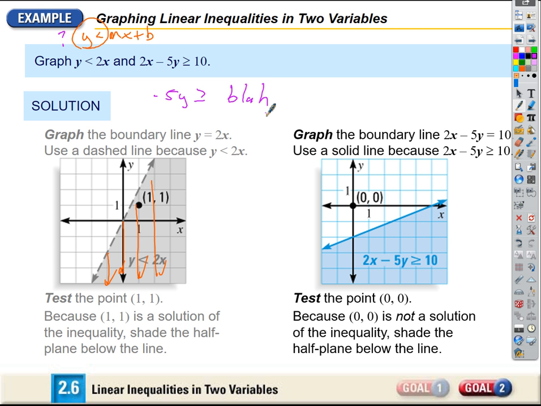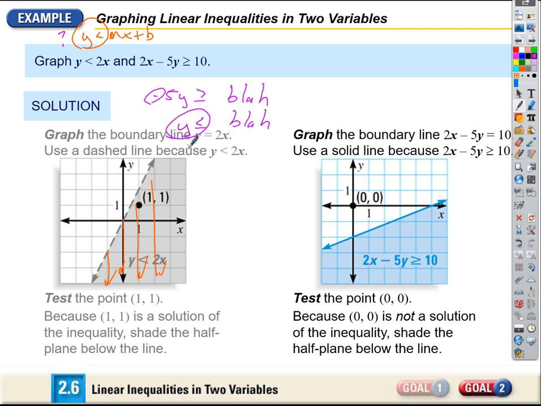We don't even care, right? I divide both sides by negative 5, and what's that give me? Y is less than or equal to, because I'm dividing by a negative, blah. Don't care. All I care about is that part, right? I end up with y is less than or equal to some boundary line.